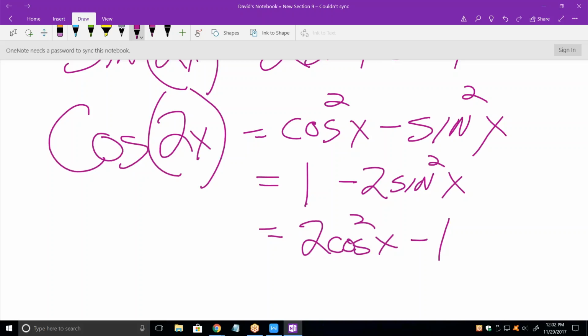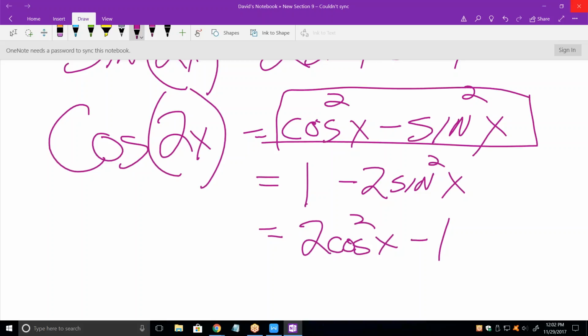Notice one way to help memorize this is to notice that you are subtracting in all three cases. And there's a lot of similarity. I mean, you kind of have to memorize this, and you kind of have to memorize this. But then the third one looks a lot like the second one, only it uses cosine squared, but it's still subtraction, and it still has 2 times the trig function squared minus 1.